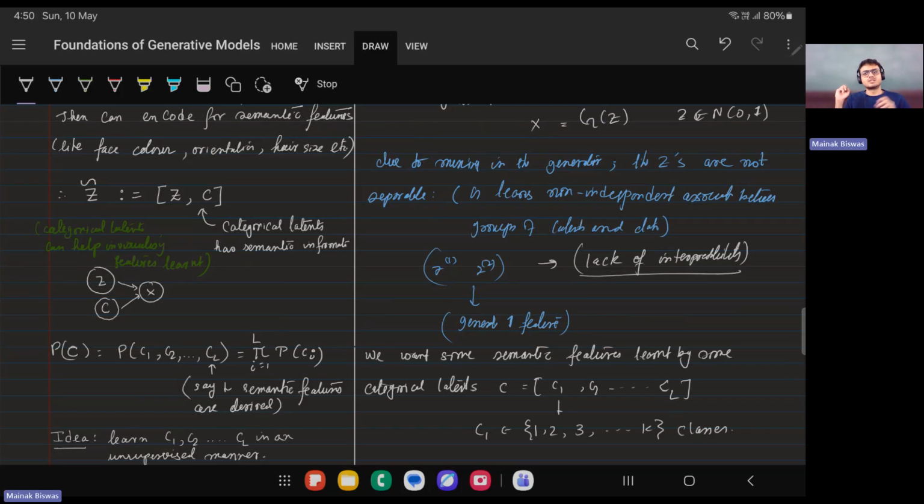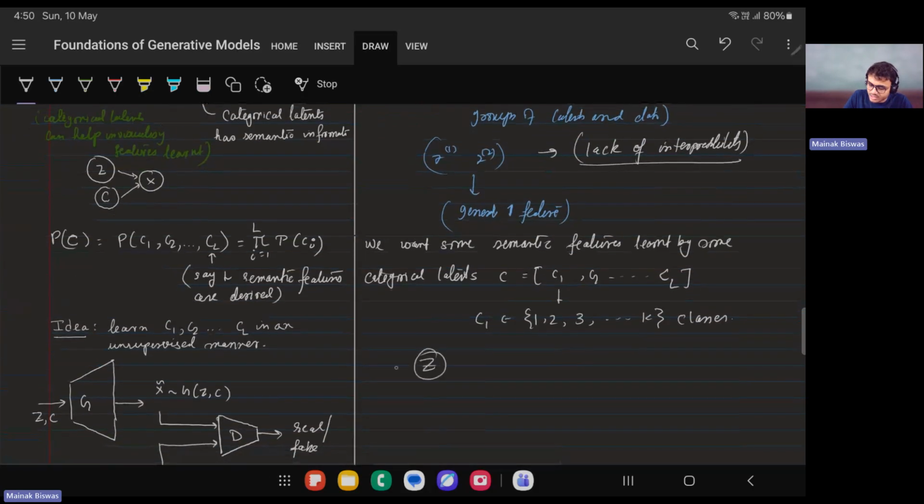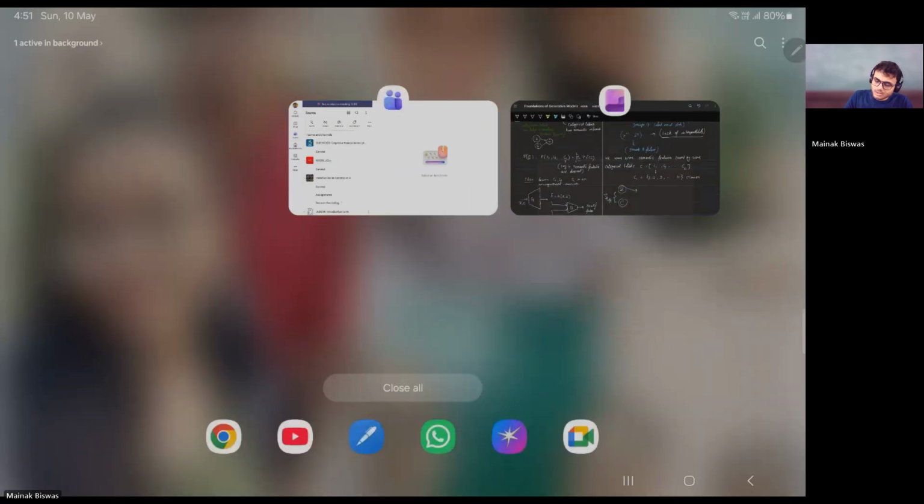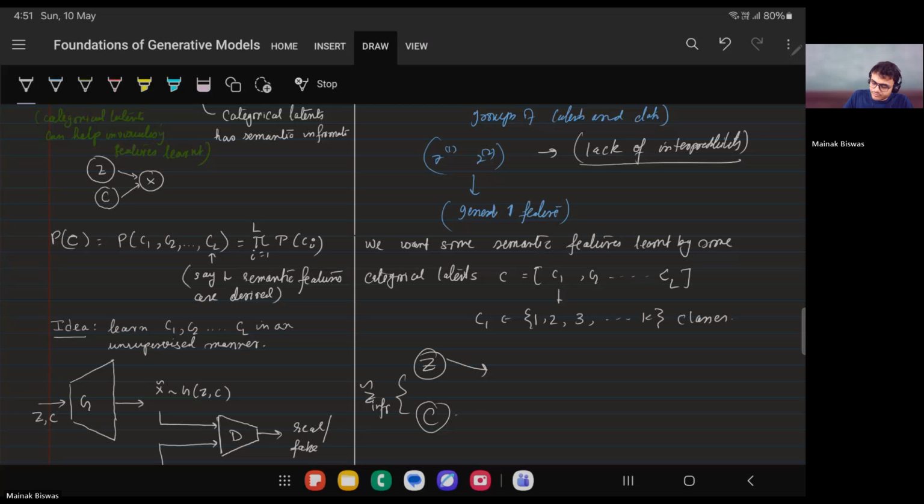So these are just nitty-gritties. What we want at the end of the day is to have two things: a Z and a C. Together they form the total latent, z info, and we generate data X. This is often what we want to end up doing.